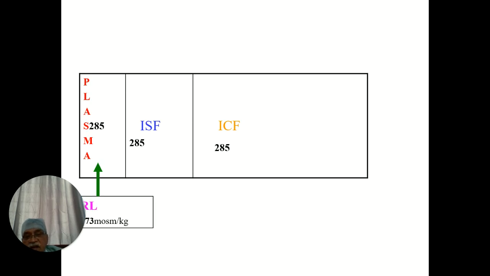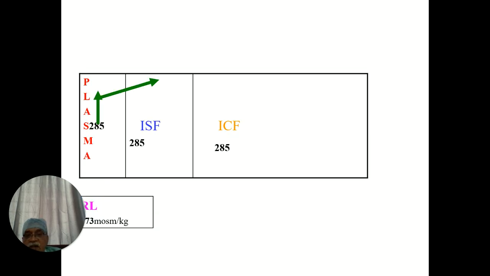Next fluid is Ringer's lactate. Ringer's lactate is given into the vein. Since it is a crystalloid, it crosses the endothelial barrier, enters into the interstitial fluid compartment. Then, since it is an electrolyte solution, it cannot cross the cellular barrier to enter into the cells.